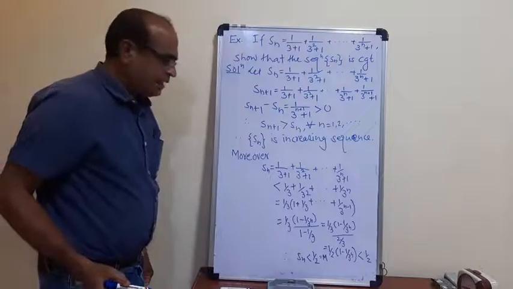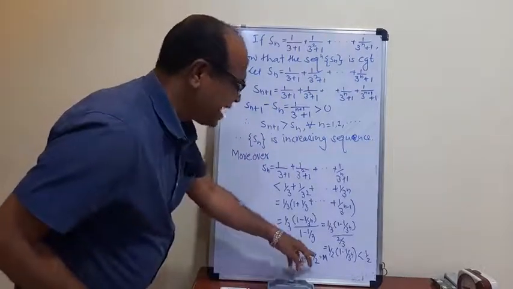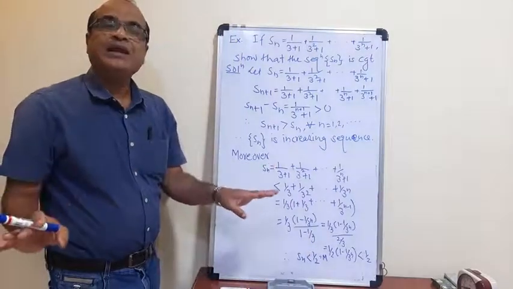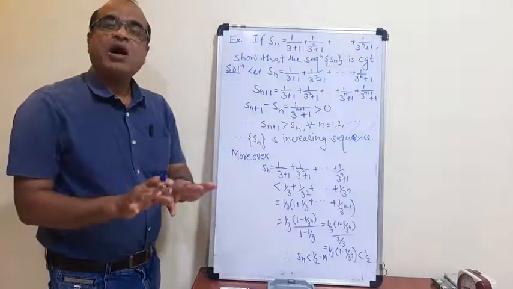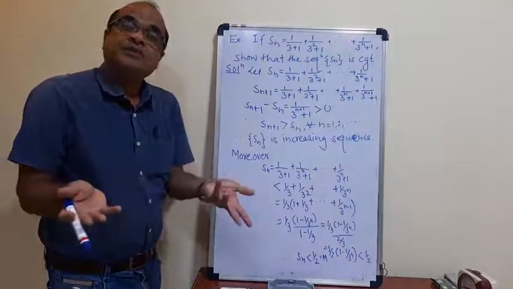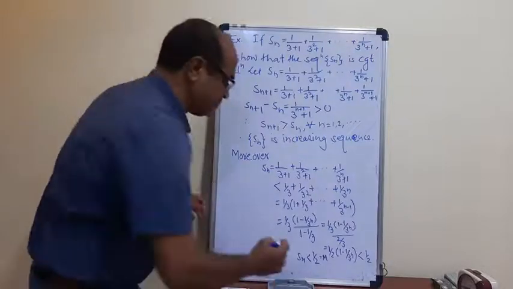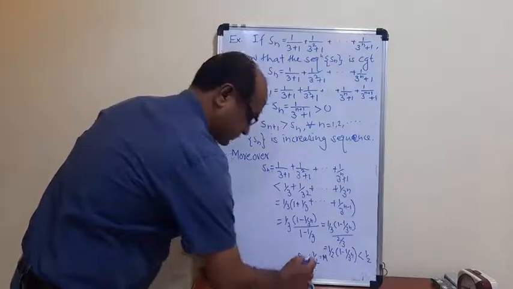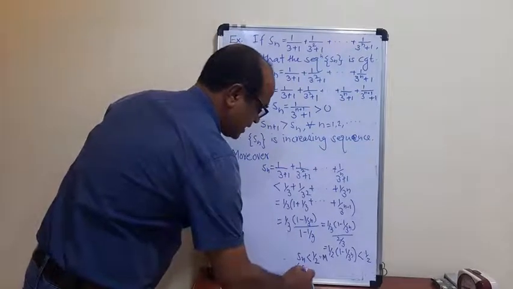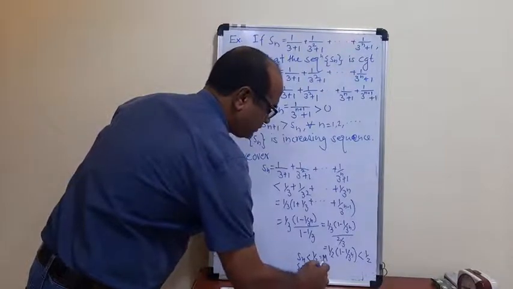For all n, Sn is less than 1/2, meaning all terms of the sequence are less than 1/2. Therefore this sequence Sn is bounded above.